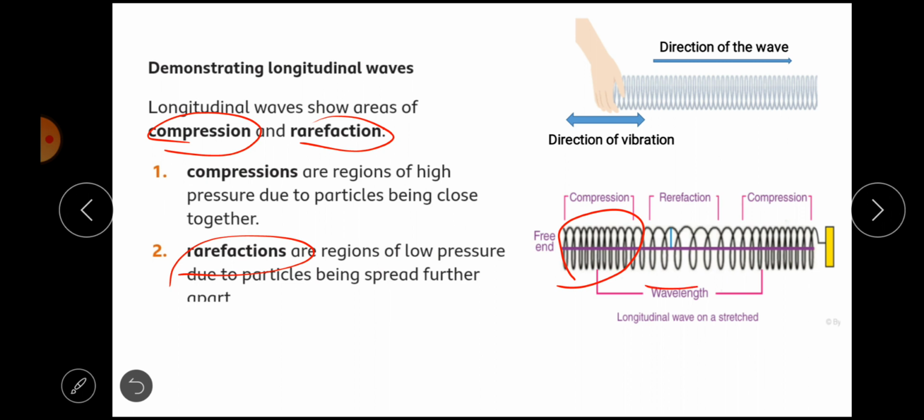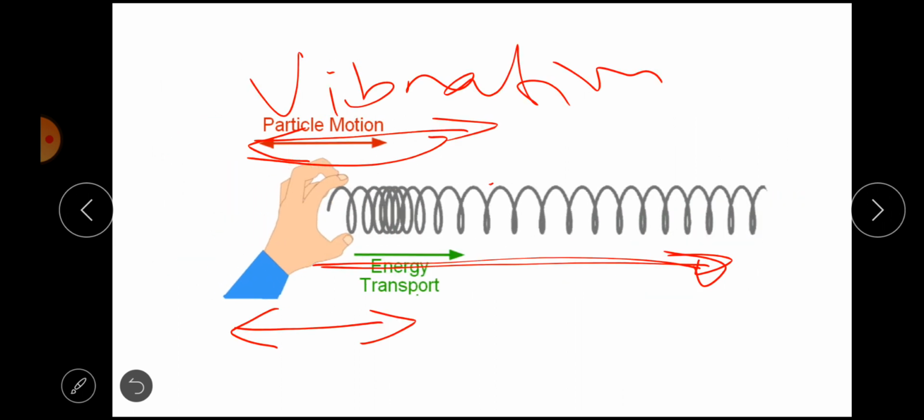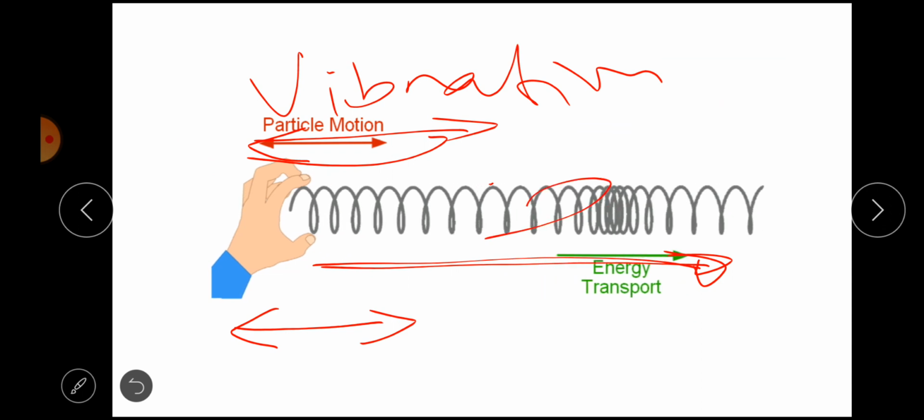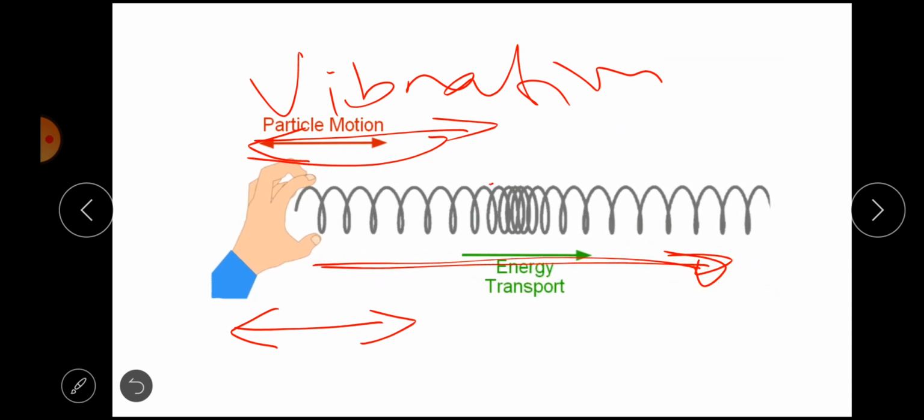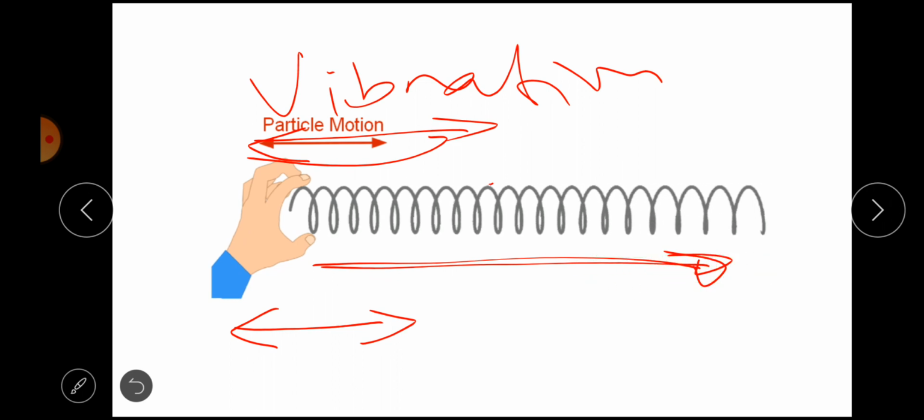These are regions of low pressure due to particles being spread apart. If you look at this one now, those are regions where there is low pressure and the particles, or in this case the coils, are further apart. Even if you come back here, you can see this part that seems to be moving, which shows the compression.